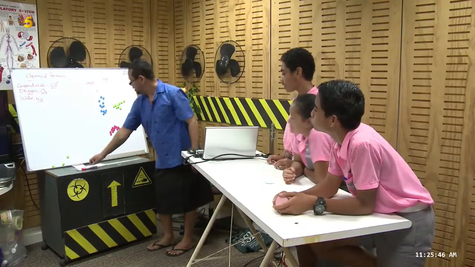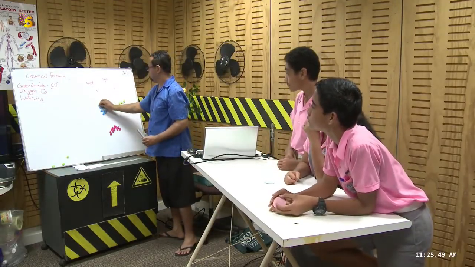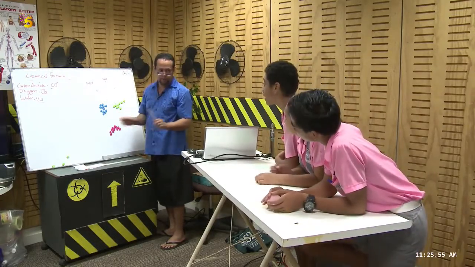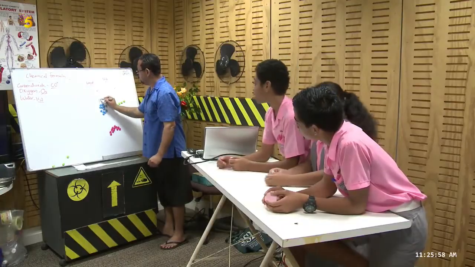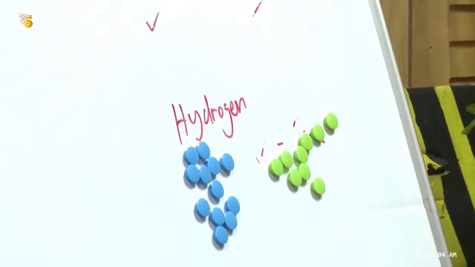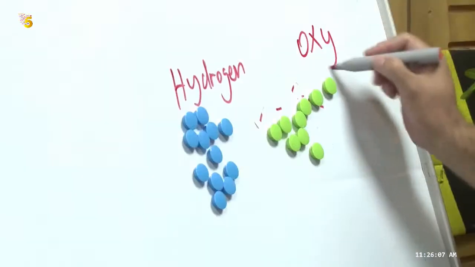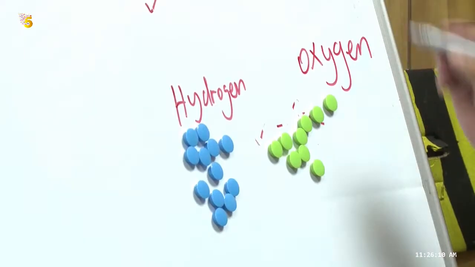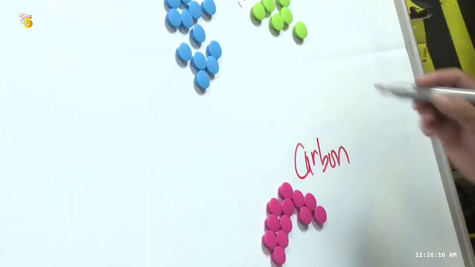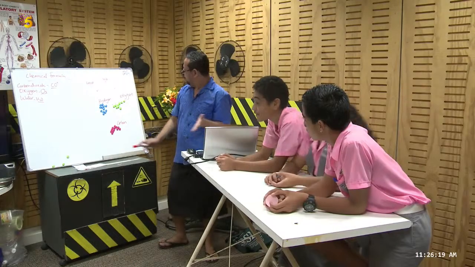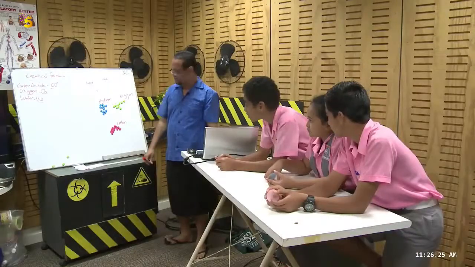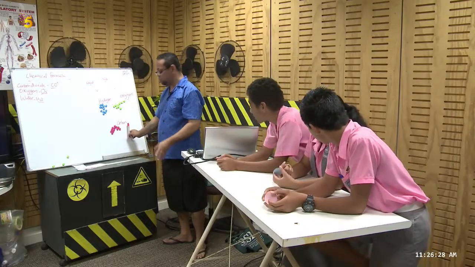Let's have a look at this one. Atoms: let the blue represent hydrogen, let this one represent oxygen, and let the pink one represent carbon.